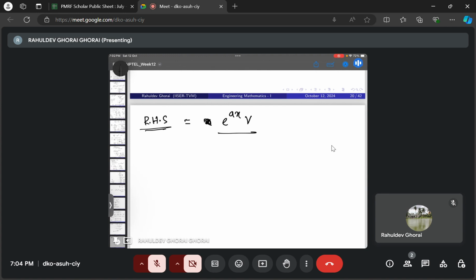So when you have this type of right hand side, the particular integral will mainly look like e to the power ax over f(D), right? So what we do, we can take this e to the power ax out, it is e to the power ax times 1 over f(D plus a) and times b. It makes life a little easier.